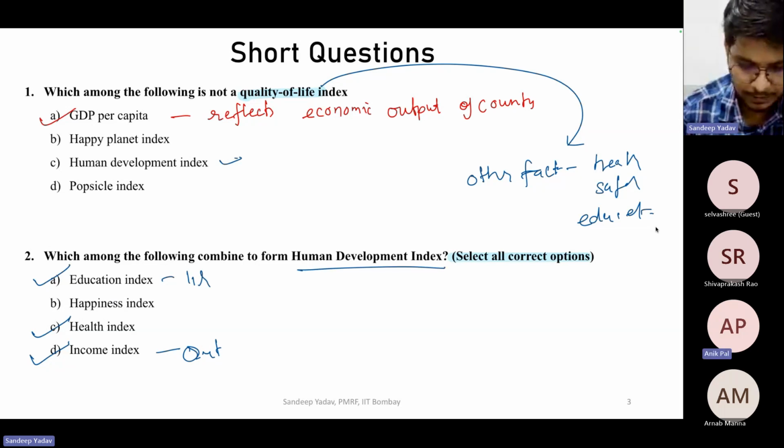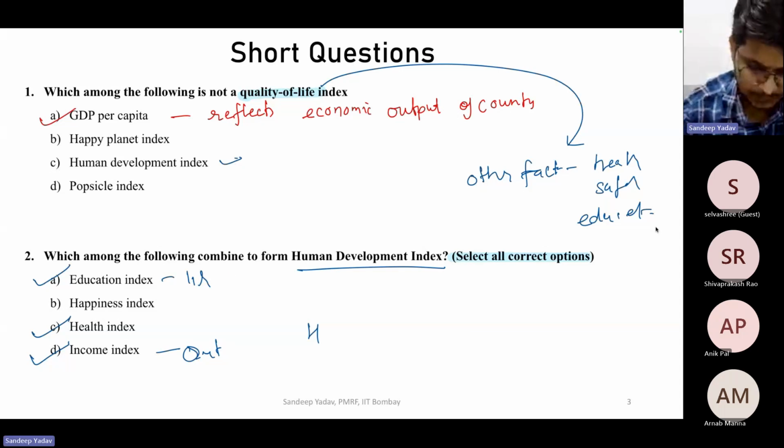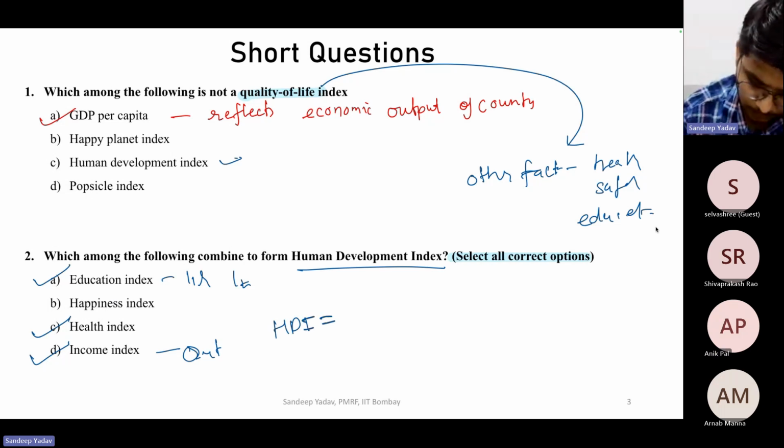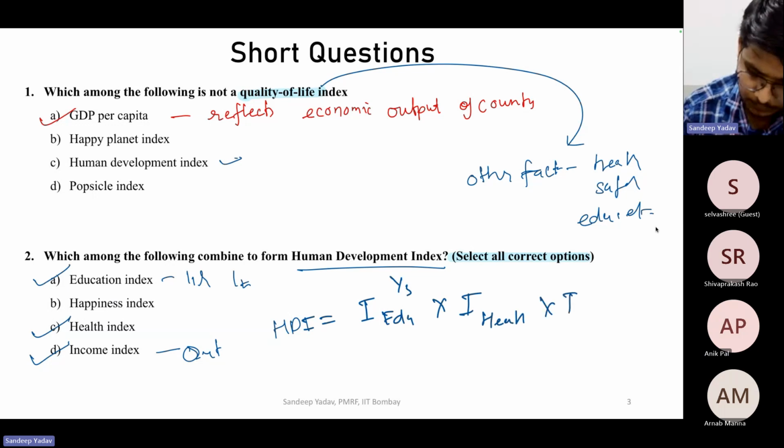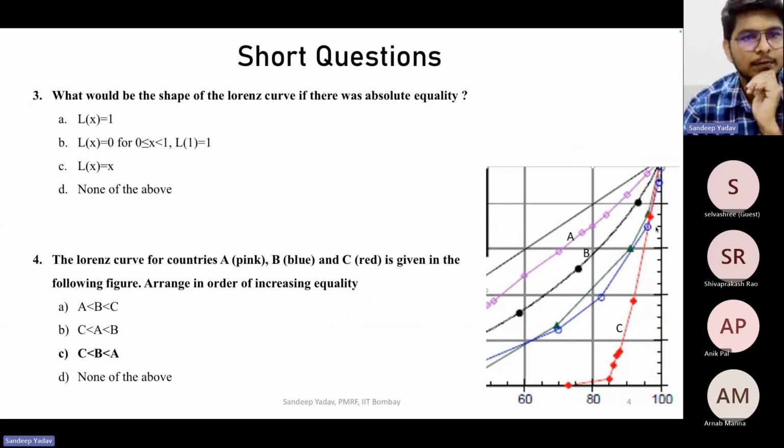HDI is the cube root of the index of education, index of health, and index of income. So the answer will be happiness index.